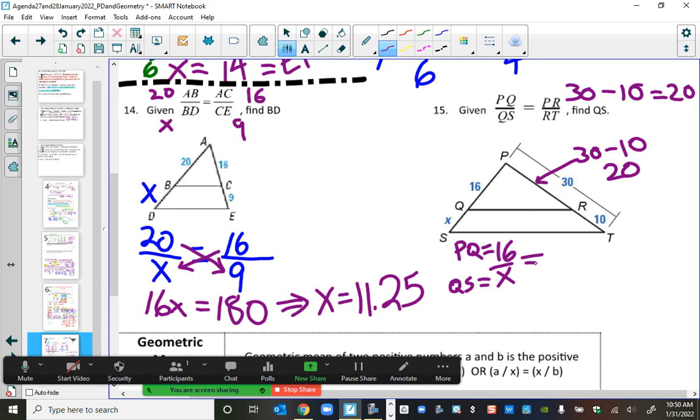Equals what's PR? 20. RT is 10. Now you should be able to solve for X. Now it's going to be very easy. Yeah, you should get a whole number for this part.